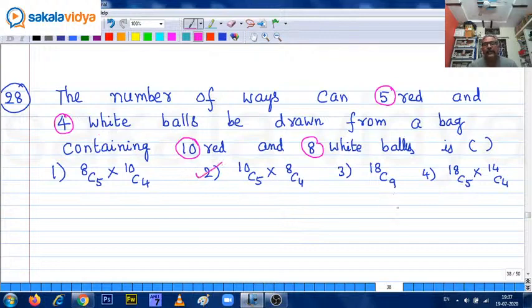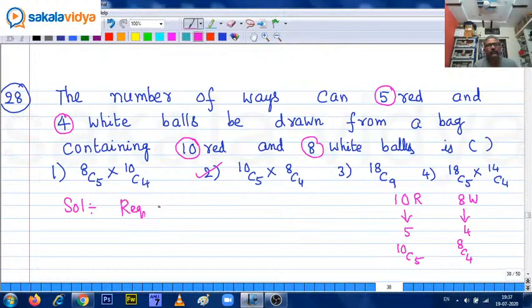So write down here, 10 red balls we have, 8 white balls. Now we need to select 5 red and 4 white. So this can be done 10C5 and 8C4. So the required number of ways equals 10C5 times 8C4.